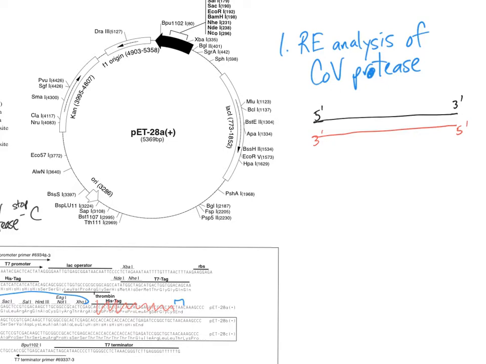So for an actual primer, I'm going to include that restriction enzyme site. What I need is something that will anneal to this part, 20 to 25 nucleotides, and this is going to look exactly like the coding strand. So I'm annealing it to the red strand there, the bottom one.